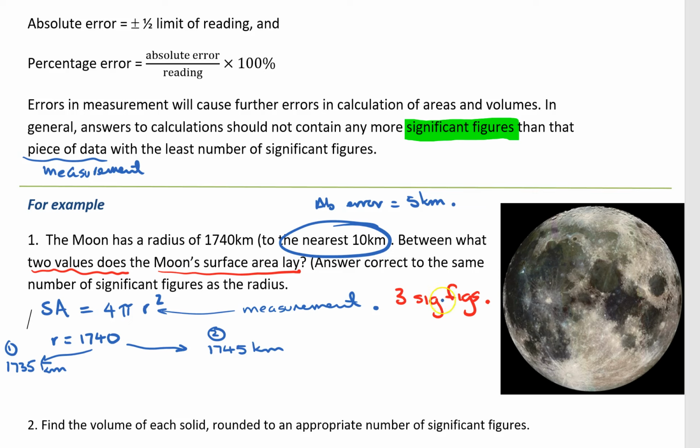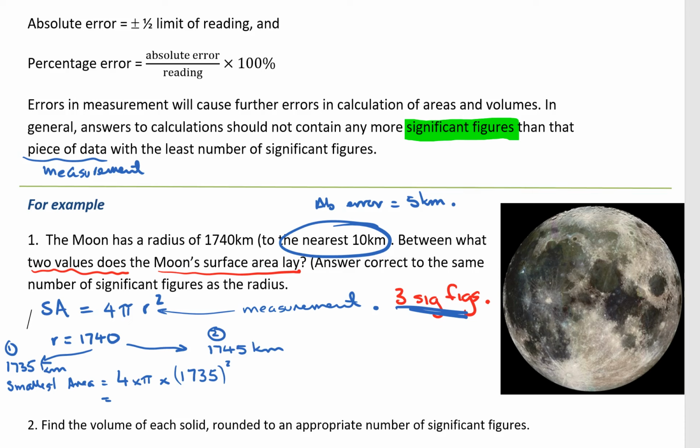And I've got this added complication. My answer to the area can only be to 3 sig figs. So let's take the smallest that the surface area of the moon could actually be. So it's 4 times pi times the smallest the radius could be, this 1735, and that has to be squared according to the formula.